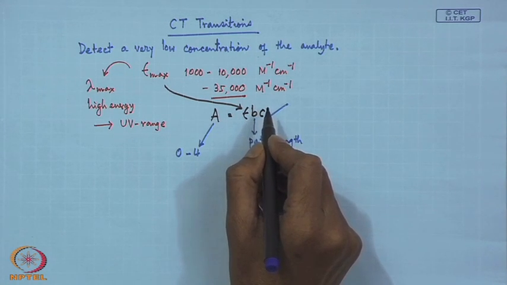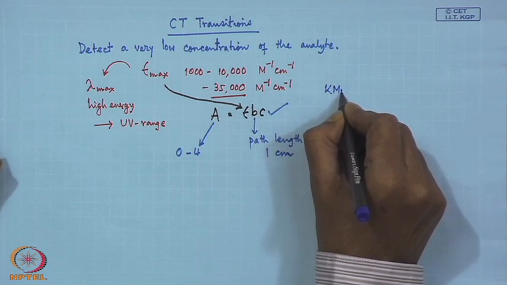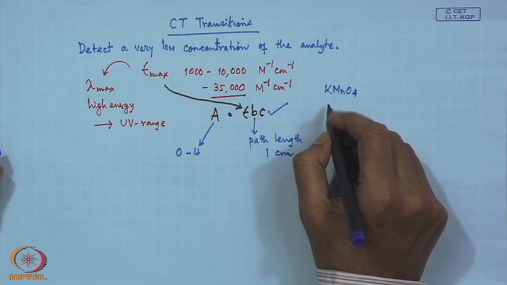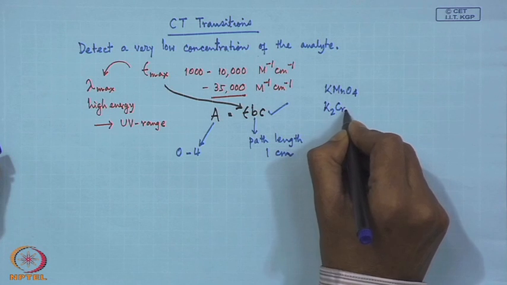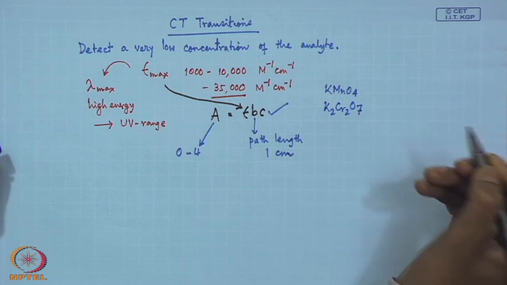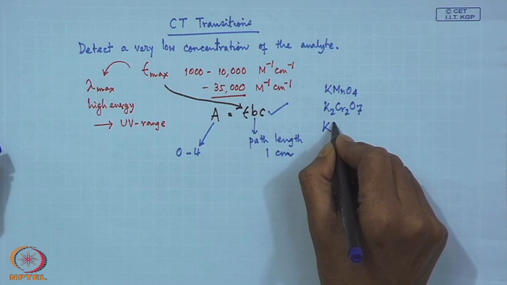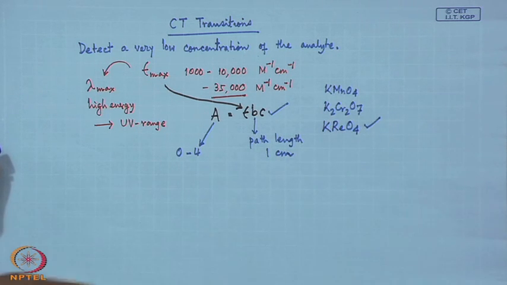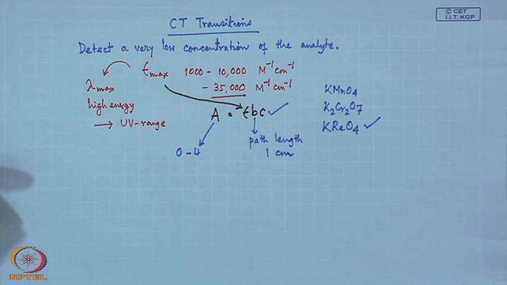That is why most analytical techniques, such as identifying some unknown concentration of KMnO4, or of potassium dichromate K2Cr2O7, or sometimes potassium perrhenate, which is not colored, can also be detected in the UV range.